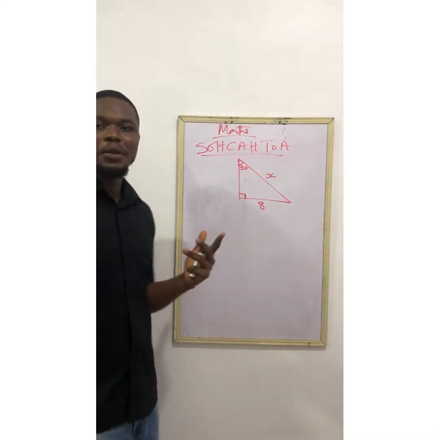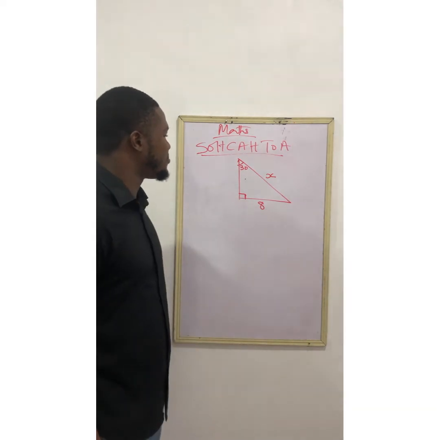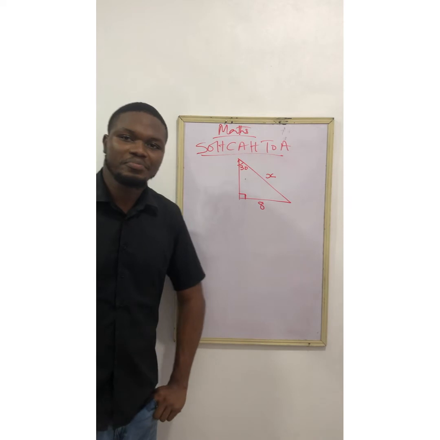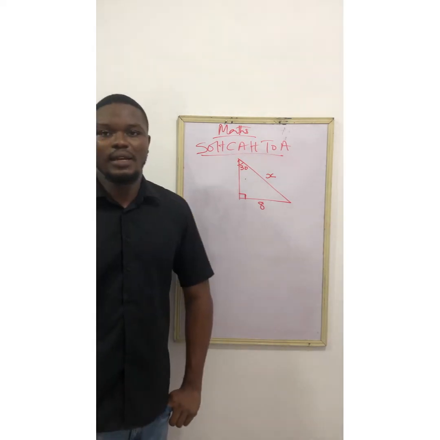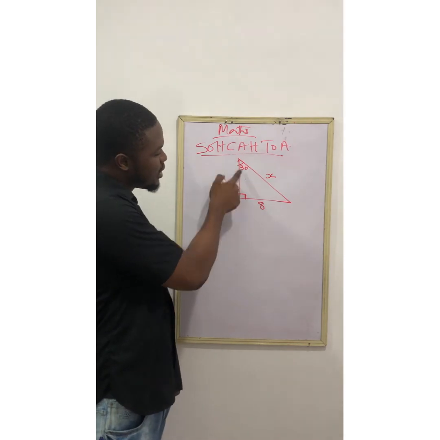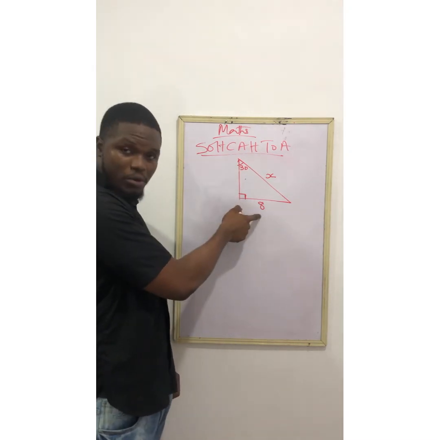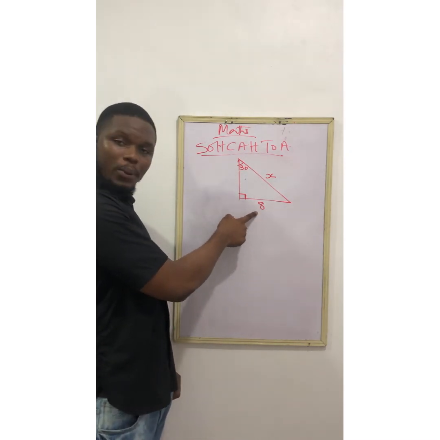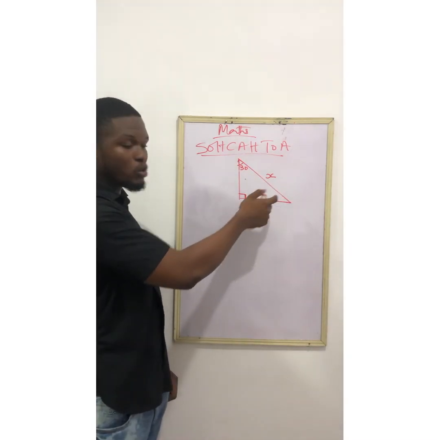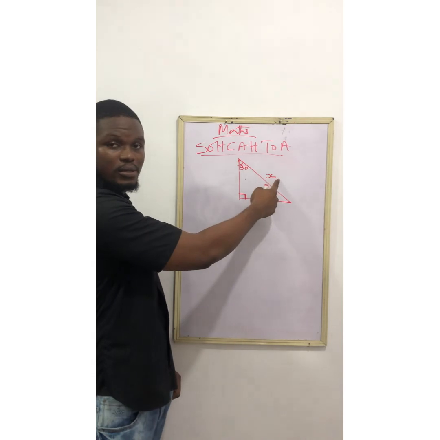Alright? Okay, so another example we're looking at is this. First thing first, let's look at what we're given. We're given the angle. For this angle, the side facing this angle is the opposite. So we're given the opposite, and the longest side is the hypotenuse.